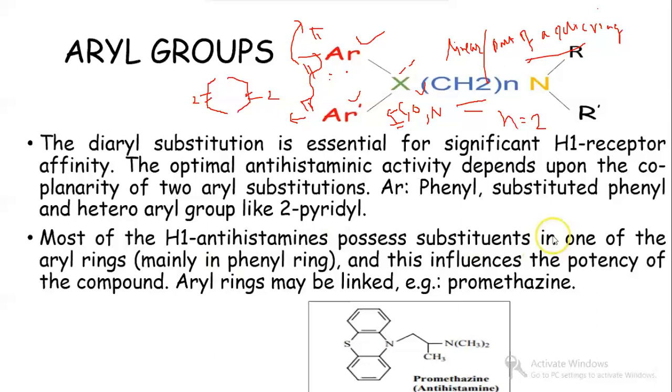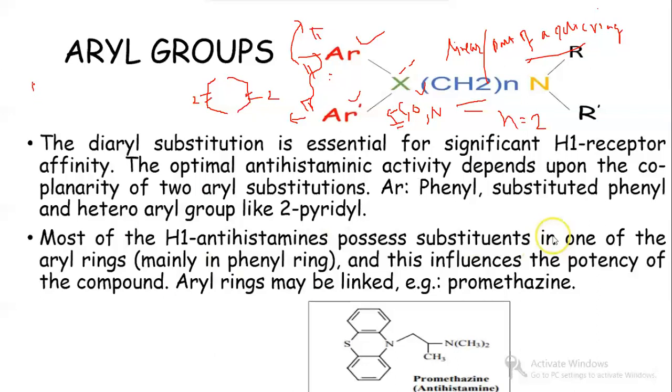But one thing that I have not told you earlier is the planarity of these compounds and the chirality of the antihistaminic compounds. Now, two important things you have to remember. One is called planarity, and the second is the chirality of the compound.